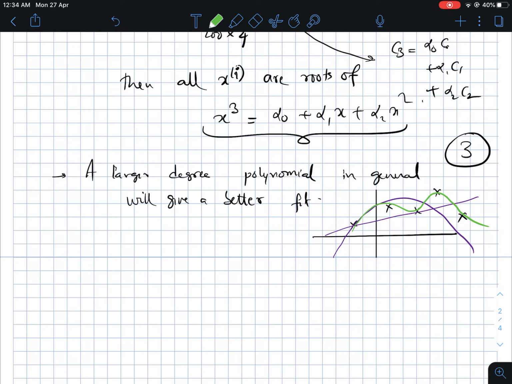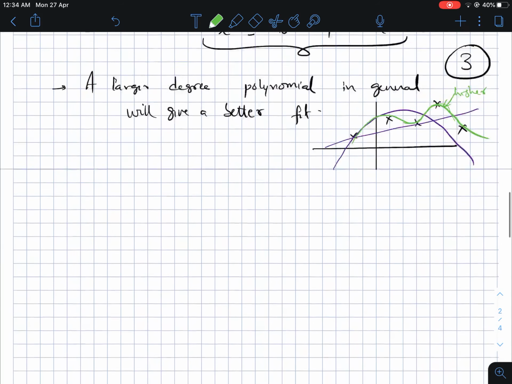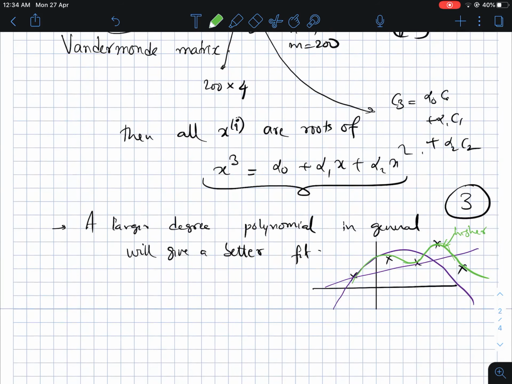If you fit a higher degree polynomial, you'll get something like this. So the more you increase the degree, the more it's possible for your model to go through all the wiggles in the data, so it will give you a better fit in terms of training error.